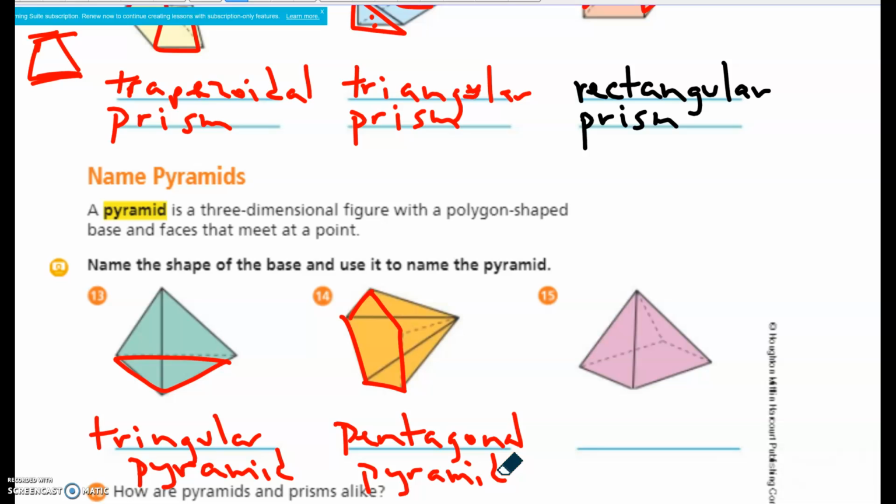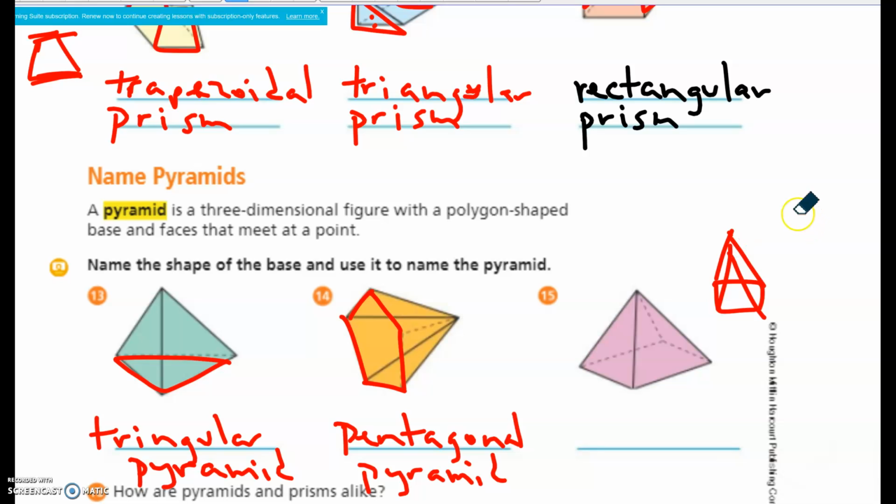All right, try number 15. Number 15 could have two possible answers. You could either call it a square pyramid, or depending on if you thought that was a rectangle, it could be a rectangular pyramid. But really, a rectangle pyramid does not work out very well. It's usually a square pyramid.